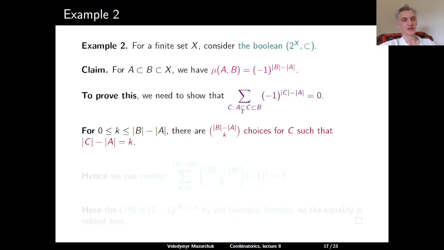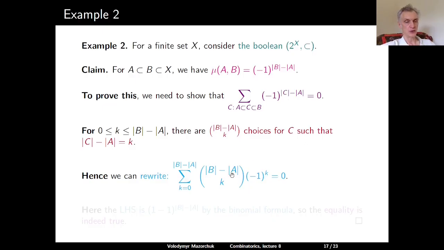So if we fix some cardinality k between 0 and the difference between the cardinalities of b and a, then there are exactly the difference between the cardinalities of b and a, choose k, choices for c between a and b such that the difference between the cardinalities of c and a is k. And so our summation formula, which we want to prove, really becomes the sum over all possible cardinalities k from 0 to the number of elements in b minus the number of elements in a.